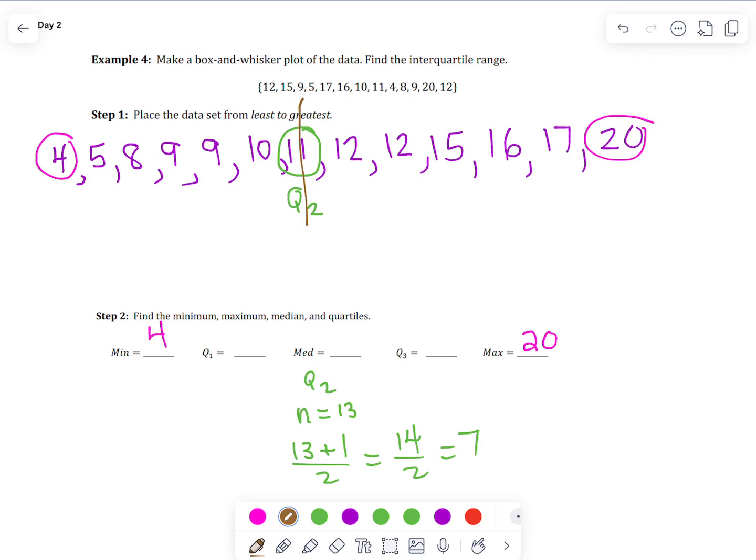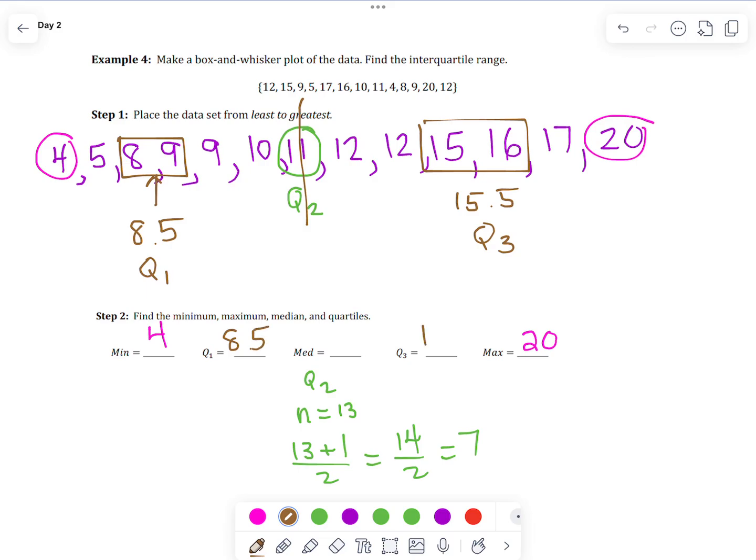So we're going to go to the middle. So here's our middle 2 points, and we find that average. That average would be 8.5. So that's Q1. And then we go to the middle of the upper half, and that's going to be 15.5. And that's Q3. So we have 8.5 and 15.5, and then 11. So this is our 5-number summary.